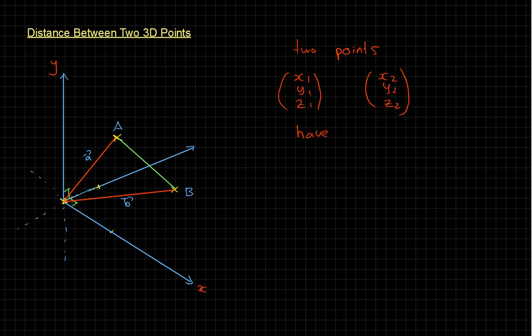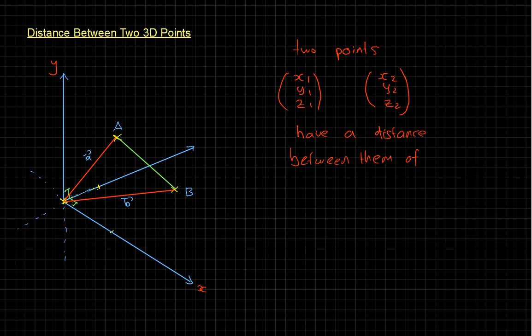So the 2 points there have, let's say, a distance between them of, and we're going to take the difference between them. So we'll do x1 minus x2, y1 minus y2, or you could say x2 minus x1, y2 minus y1, and so on.